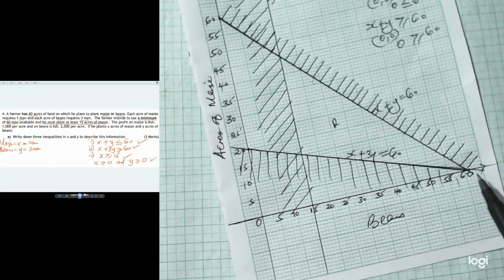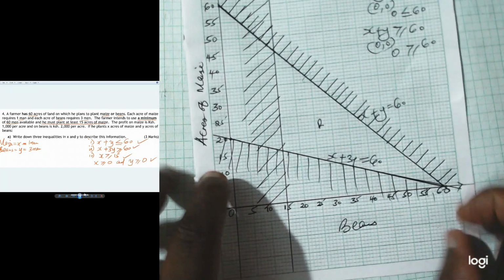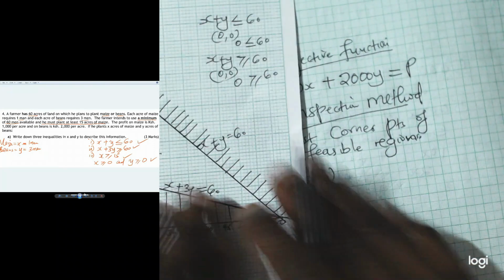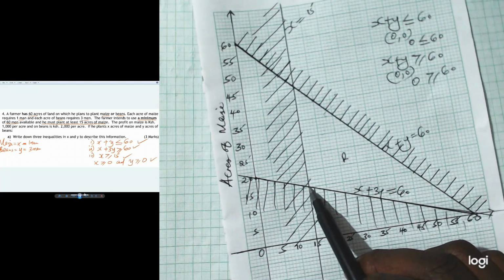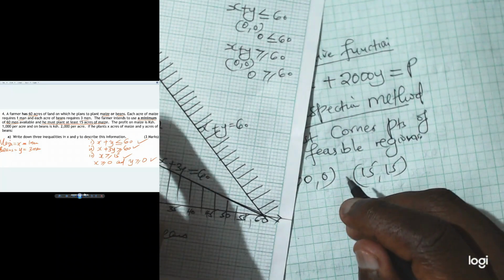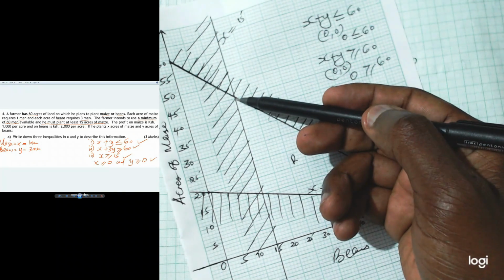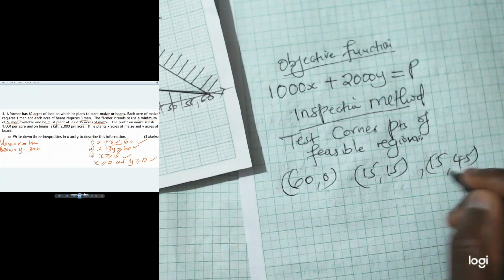We take this one here, which is (60, 0). Then another one here, (15, 15). And we can also test (15, 45). Those are the corner points.